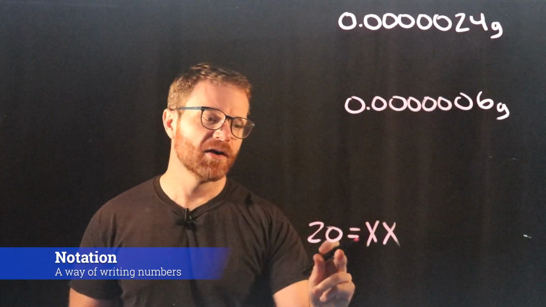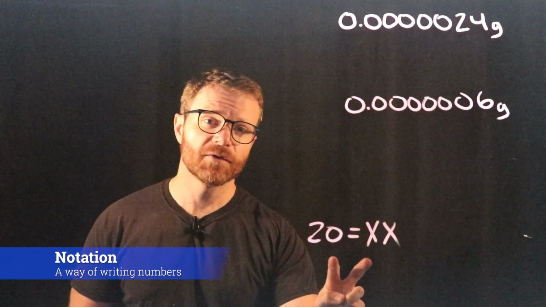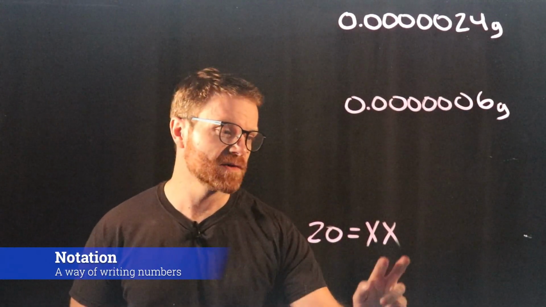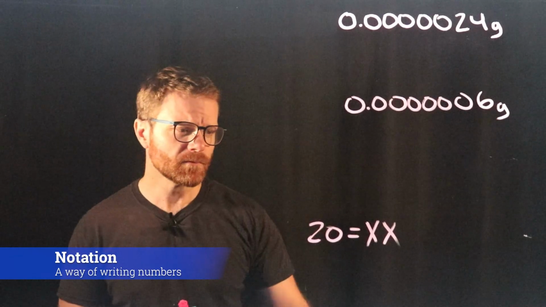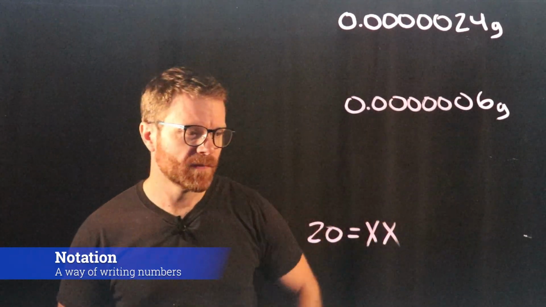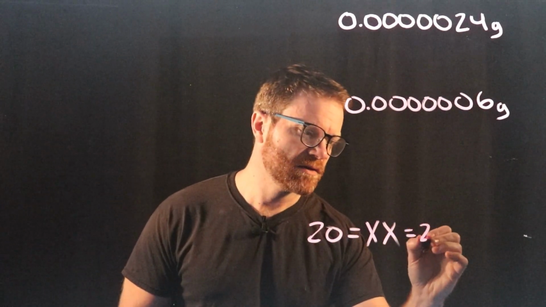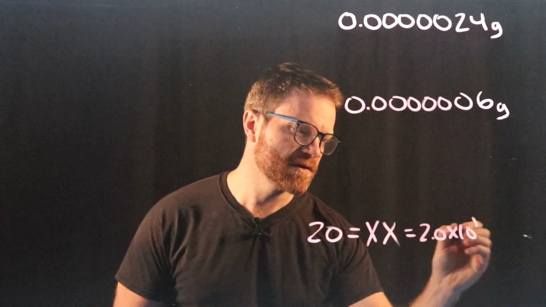These two things are the same. We're not transforming the number, we're just using two different notations, Arabic numerals and Latin numerals, to demonstrate this 20. If I were to use scientific notation, that would be 2.0 times 10 to the first.